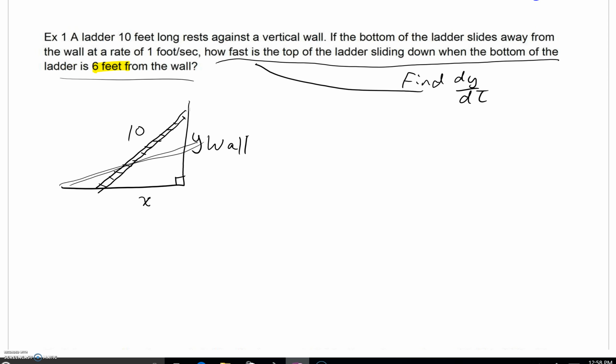The most famous geometry theorem of all, the Pythagorean theorem. You know it. So I'm going to say 10 squared equals x squared plus y squared. And usually kids look at that and they'll say, sure, that's fine. And then we are going to take derivatives. We can take derivatives now.